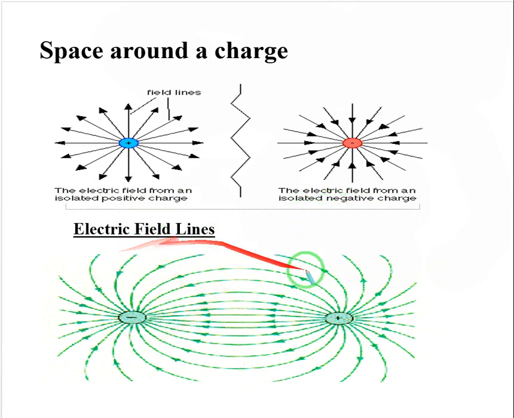Coming to the electric field lines, let's see. We have a positive charge, and a positive charge is always going to transmit the field lines. We have a negative charge. What can it do?